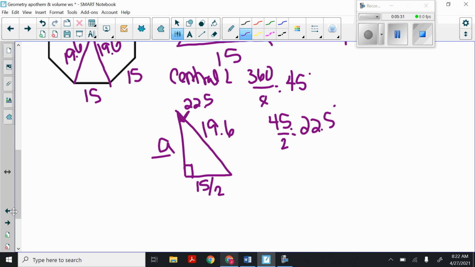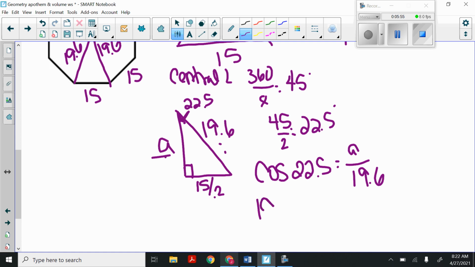Remember that we've got SOHCAHTOA here, or we could do the Pythagorean theorem. Since I know both of these two, either works. I'm just going to do SOHCAHTOA to practice that. I am looking for A, so that's adjacent, and then I'm going to use the 19.6, my hypotenuse. So that's cosine. It's the cosine of 22.5 equals A over 19.6.